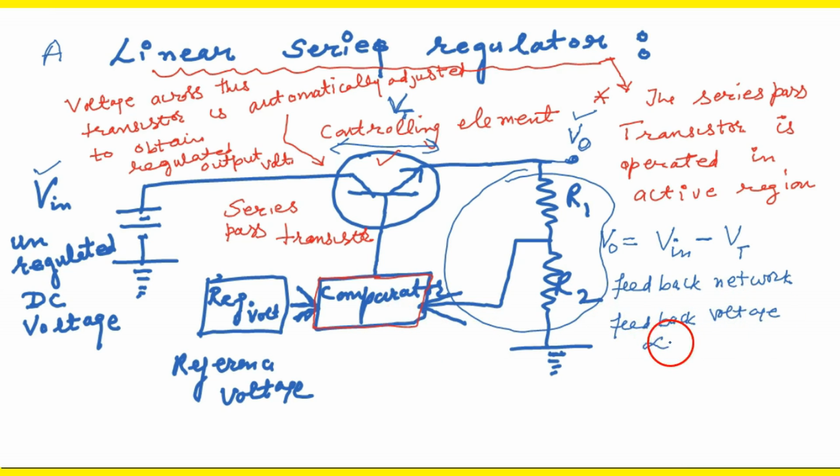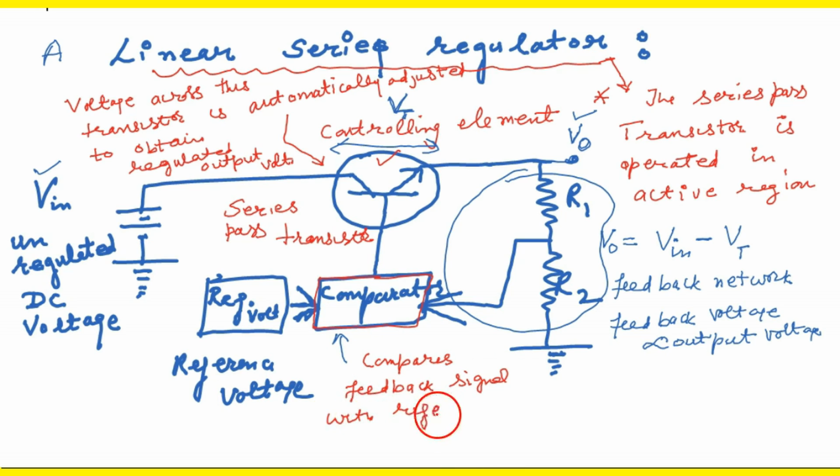R1 and R2 form a feedback network, and they provide a voltage proportional to the output voltage, and that voltage is then compared with the reference voltage.